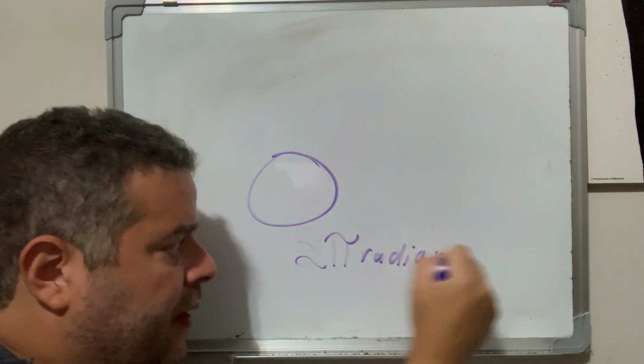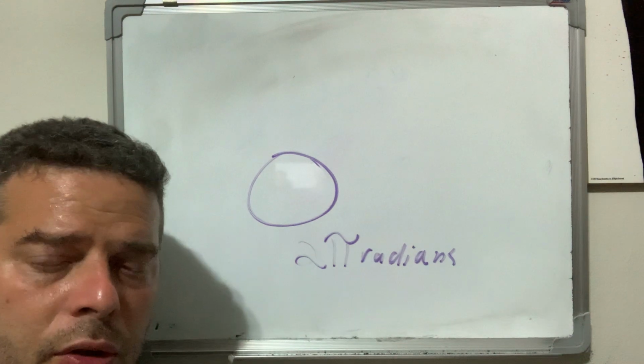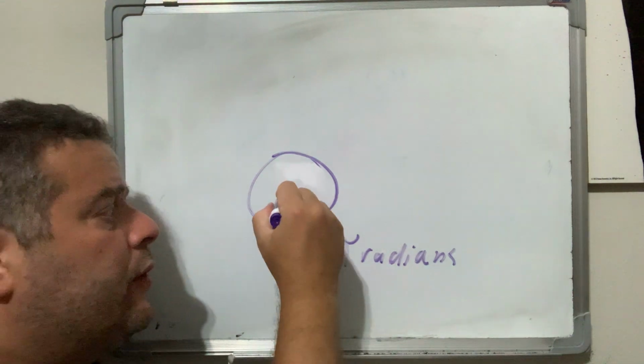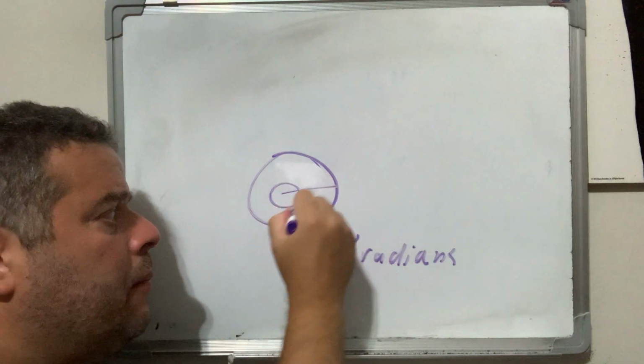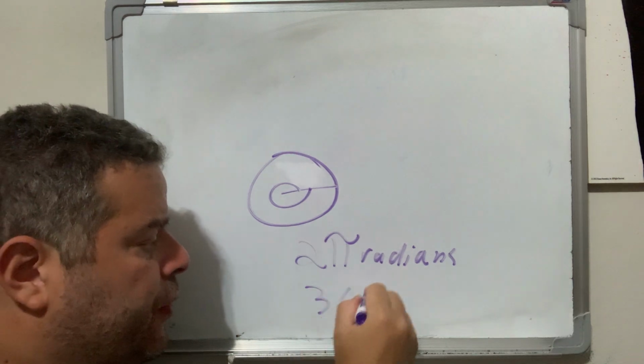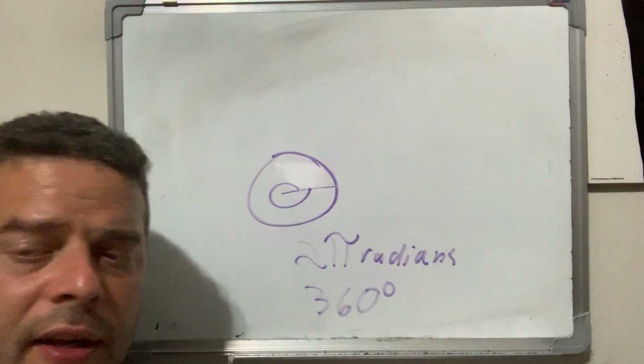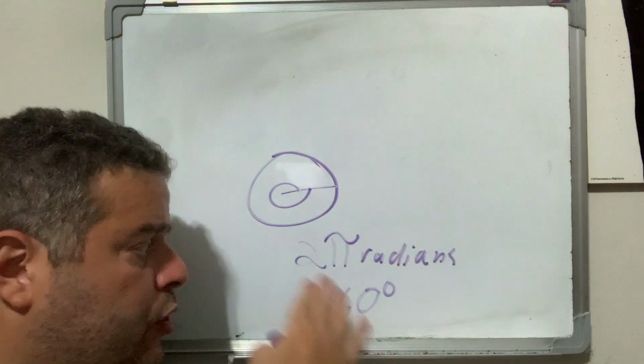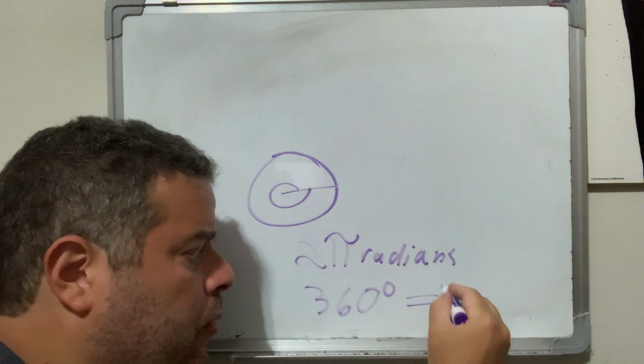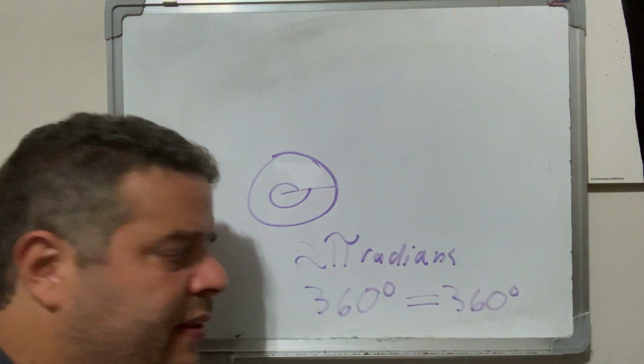Always. And we also know that there are 360 degrees in a circle. So pretty much 2 pi radians equals 360 degrees.